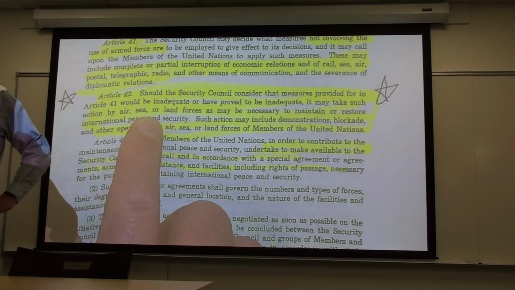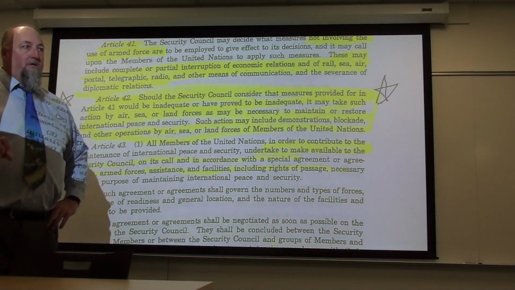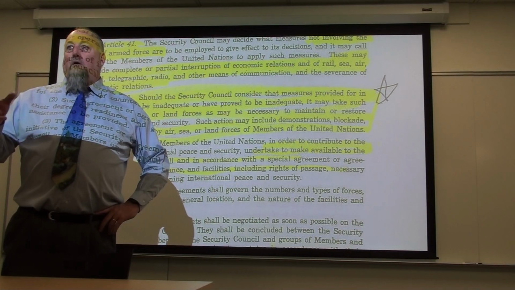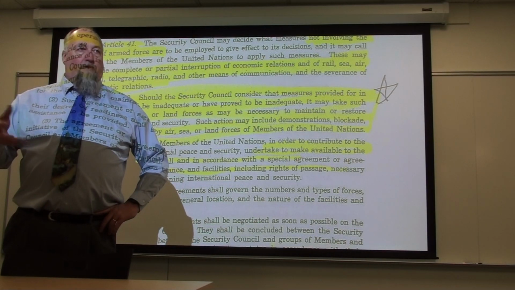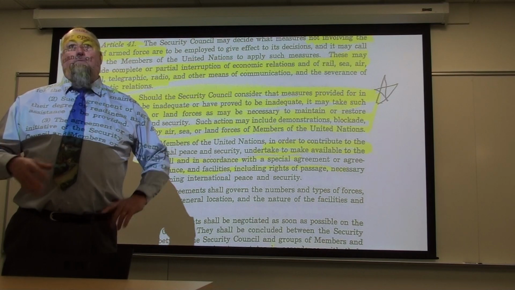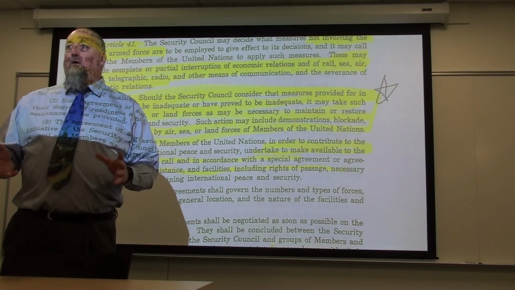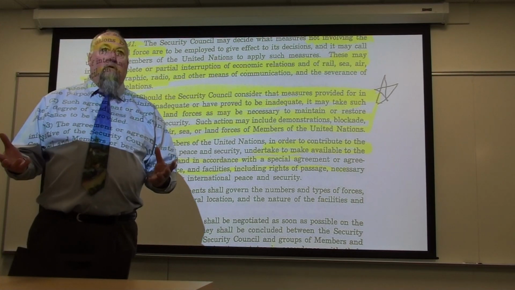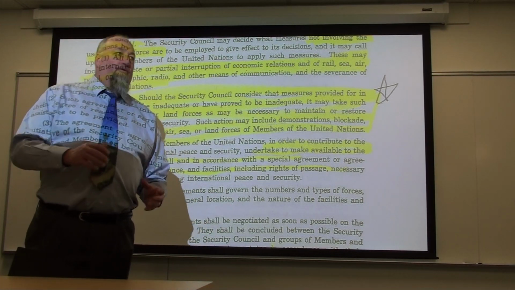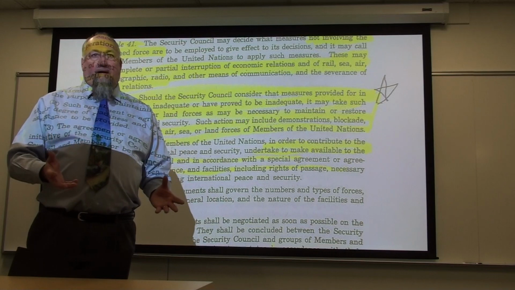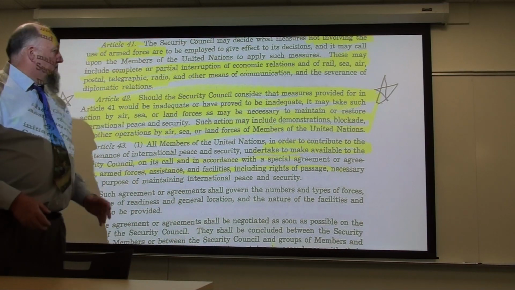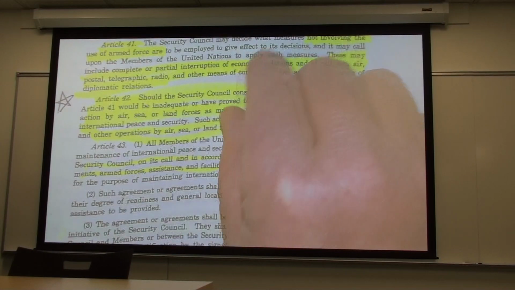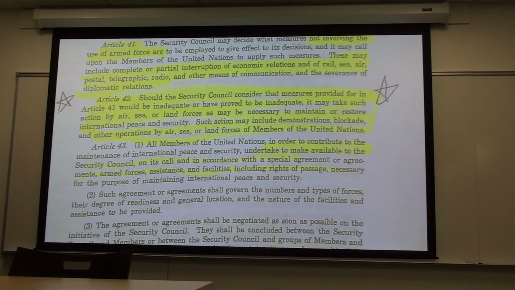So Article 42 is where the Security Council is given by the Charter the authority to authorize military force. That's the answer to the test question. Article 42 is military, potential military. Article 41 is economic and diplomatic. So that's why those two paragraphs are, like I say, the meat and potatoes of the Security Council authority.